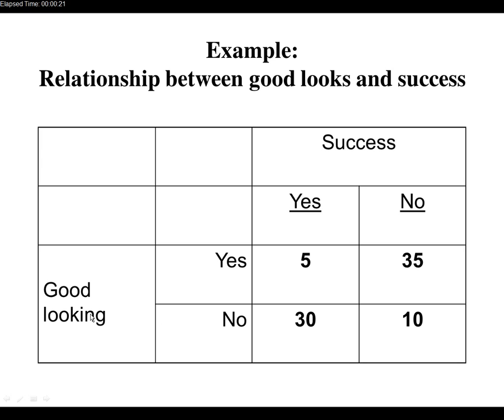So going back here, the rows are how good looking you are, yes and no. The columns are how successful you turned out to be, yes and no. So it's a 2 by 2 table, and let's take a look at how we work this problem.